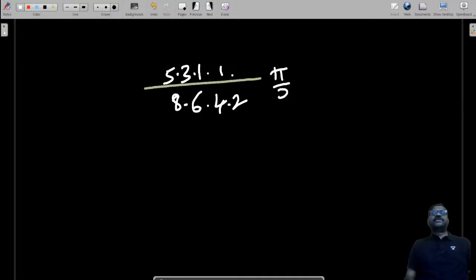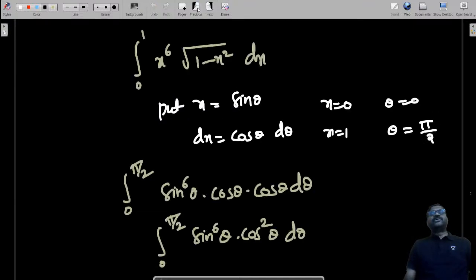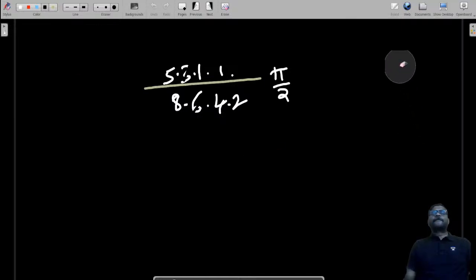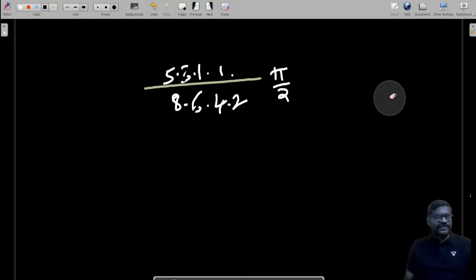Both the powers are even, therefore pi by 2. 5 pi by 2 cube into 2, 2 power 4 into 2 power 4, 256. 5 pi by 256 is the answer.